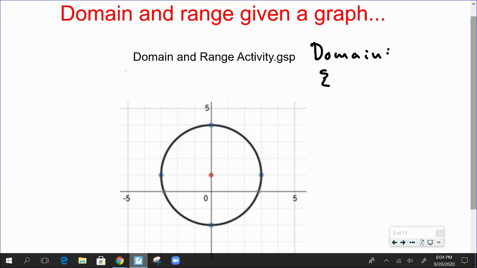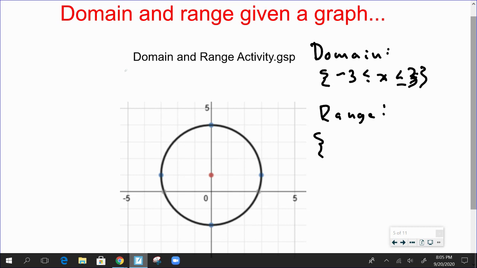The way that I write that is, the smallest number I put in first, -3, is less than or equal to x. Remember, x is the domain, so that's what we're worried about. Is less than or equal to 3. So that is saying every x between -3 and 3. Now the range is going to be similar, except this time we're looking for how tall it is.